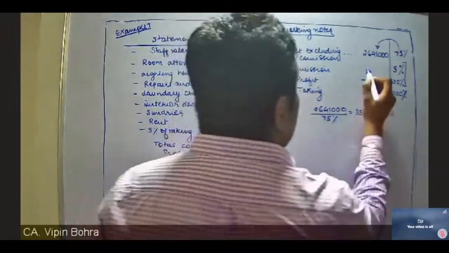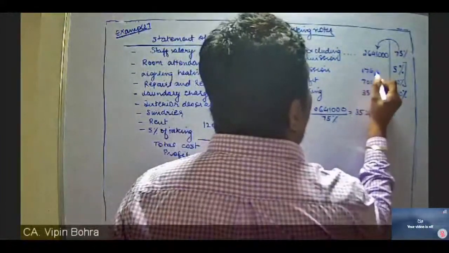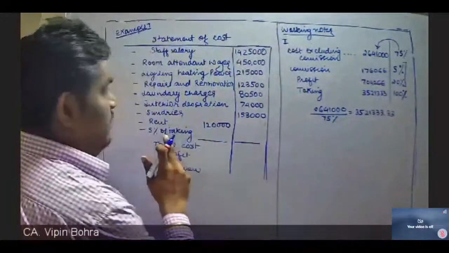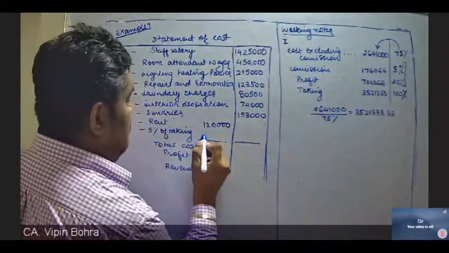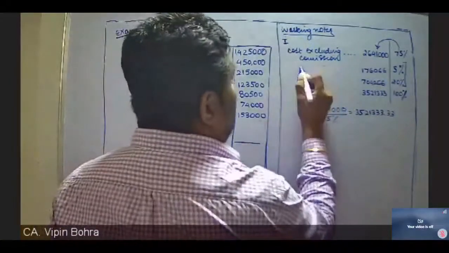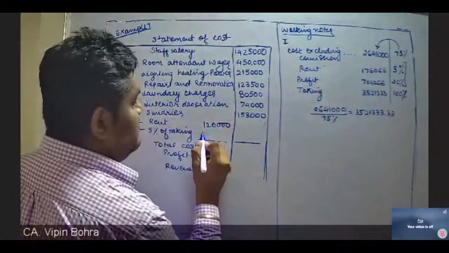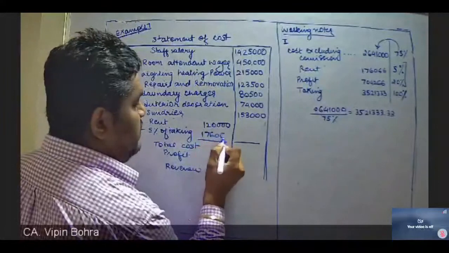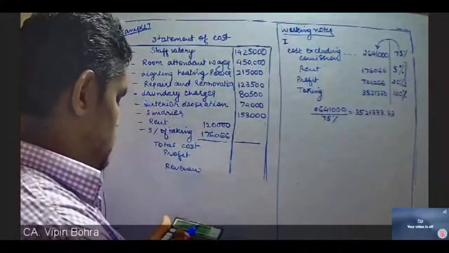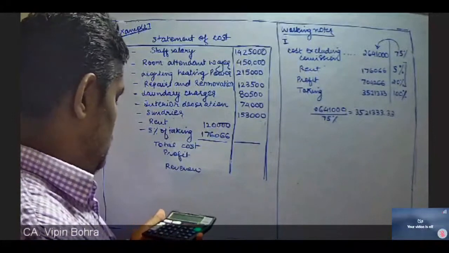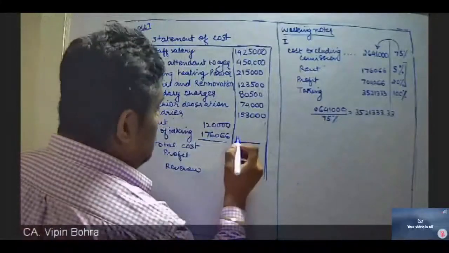The commission is 5%, 1,76,066. So we have got commission, rent, 1,20,000, so 2,96,066.